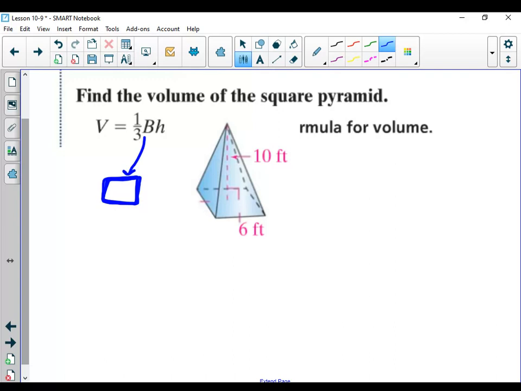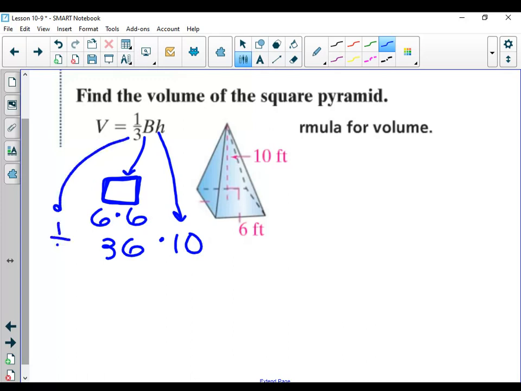Pi times radius squared. Godiva, it's a square. Godiva's finding the area. 6 times 6 is 36. The height through the middle to the top, 10. Put your third out in front.